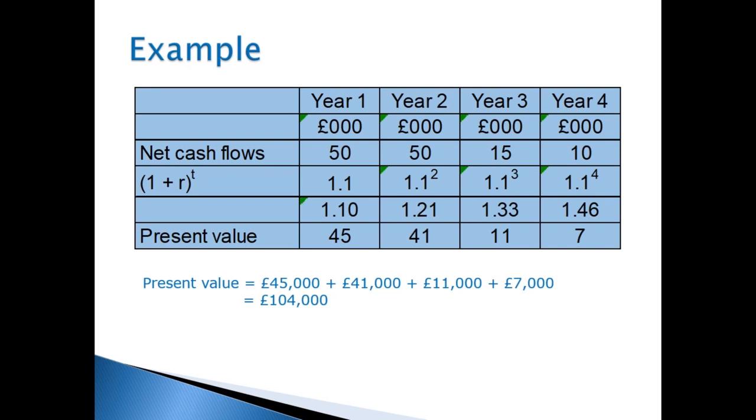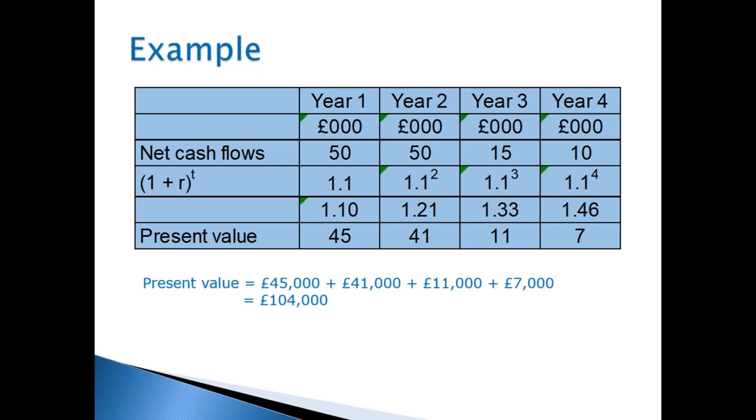Now remember, this required an investment of £100,000, so this is £4,000 more than the proposed investment. So the business is worth £4,000 more than it would have been if it only earned the 10% return. So this £4,000 is known as the net present value of the project.